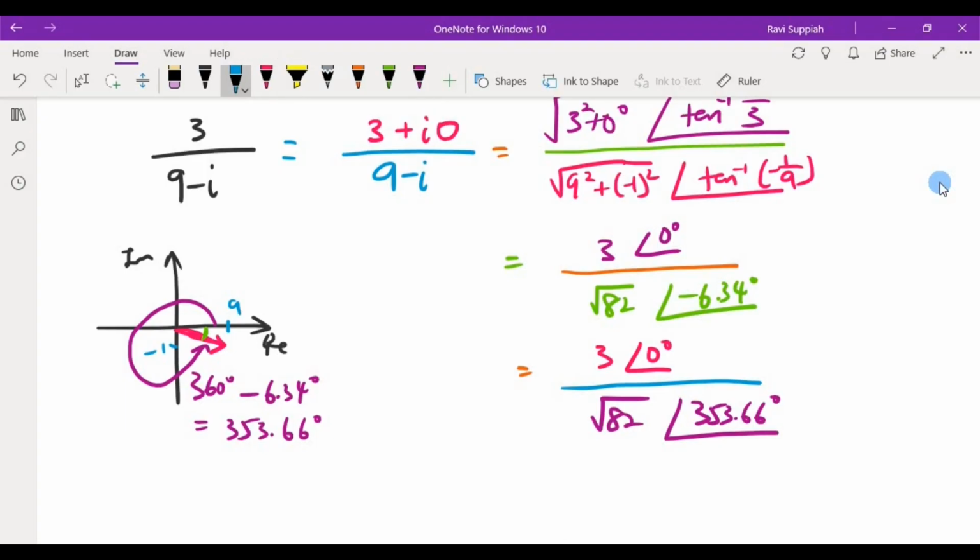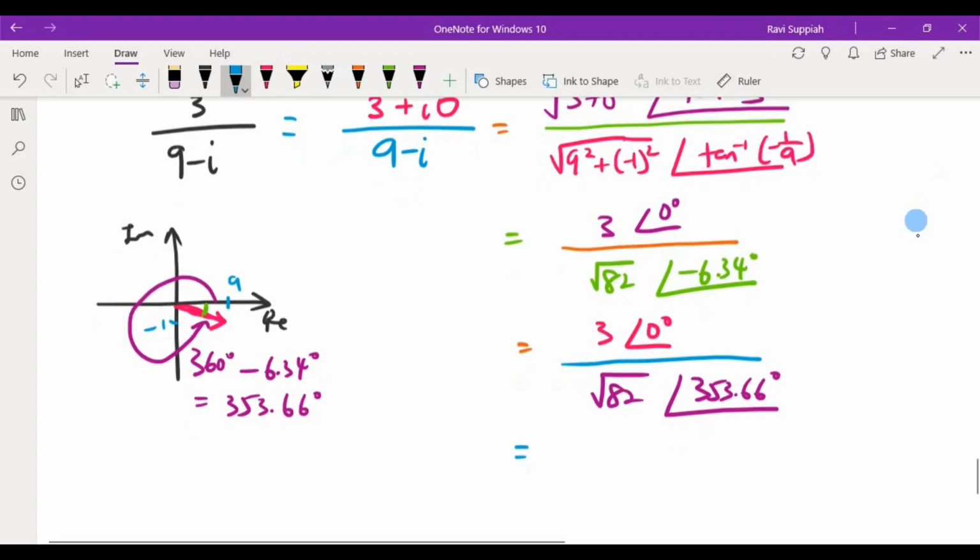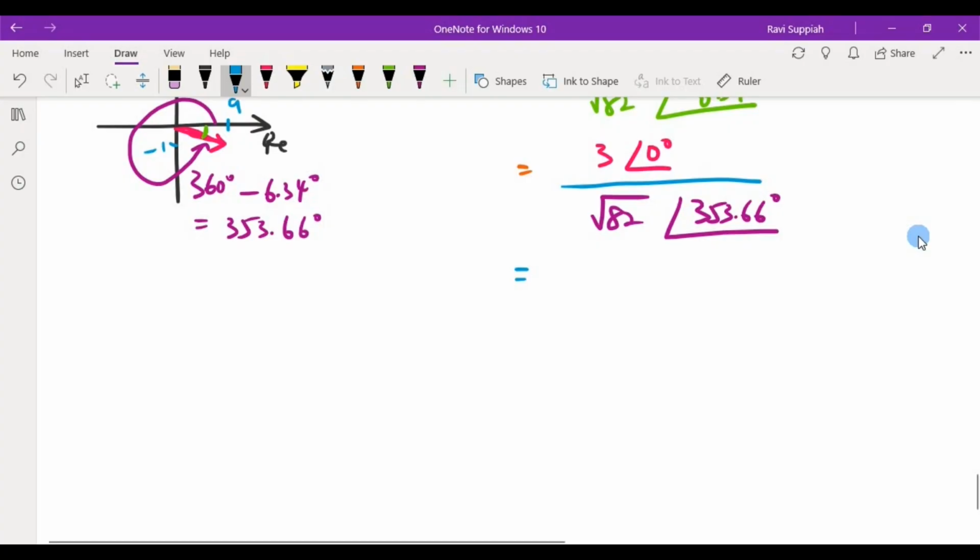Then let's proceed on. So the next step would be, we see that right now we have a complex number divided by another complex number, both of them in the polar form, which means I can now apply the formula that we have seen, where R1 divided by R2, and the angle would be subtraction.